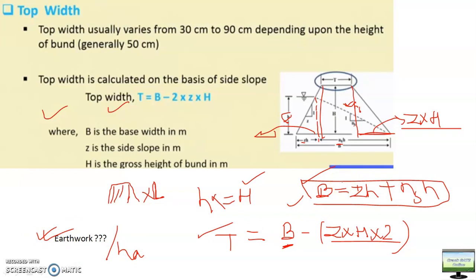Now if you want to know the area loss, how will you calculate? Base width multiplied by the length of bund per hectare. So this will become your area loss in square meters per hectare. So this was the basic parameter. I hope the basic parameter and the basic difference between the two bunds is clear.